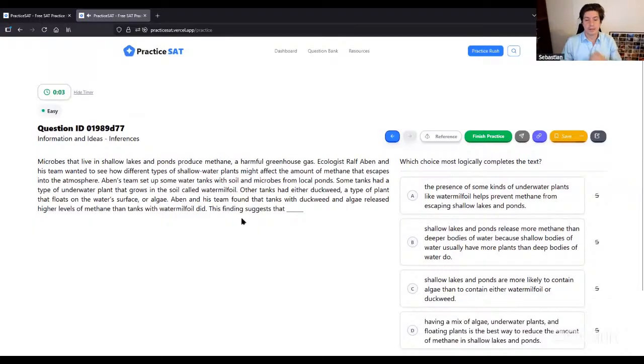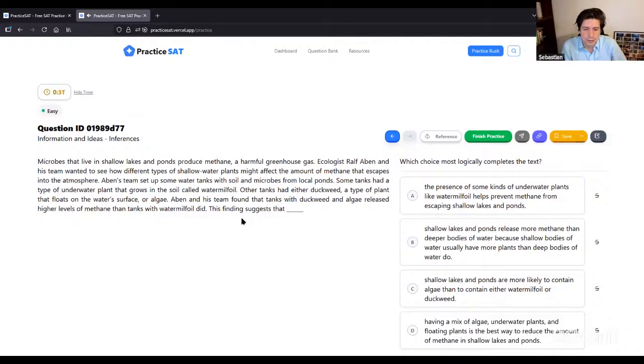All right. Microbes that live in shallow lakes and ponds produce methane, a harmful greenhouse gas. Ecologist Ralph Aben and his team wanted to see how different types of shallow water plants might affect the amount of methane that escapes into the atmosphere. Aben's team set up water tanks with soil and microbes from local ponds. Some tanks had a typical type of underwater plant that grows in the soil called water milfoil.